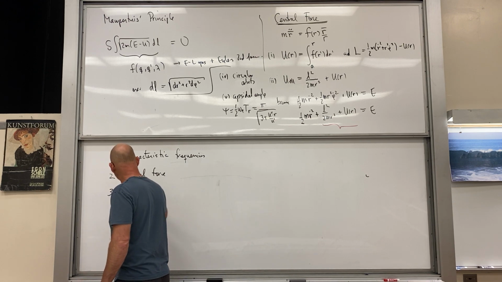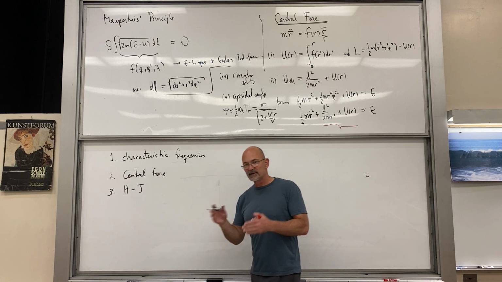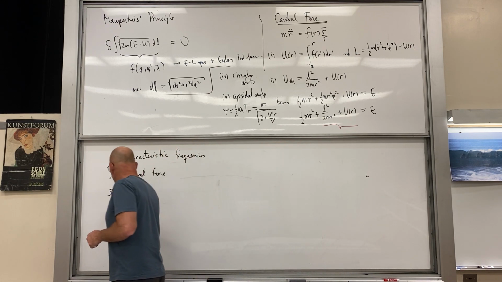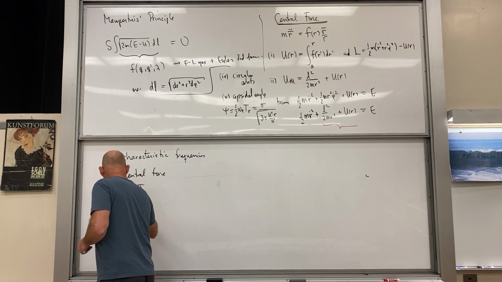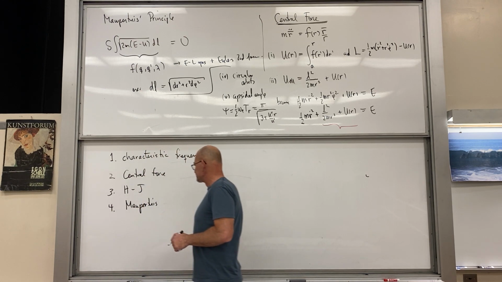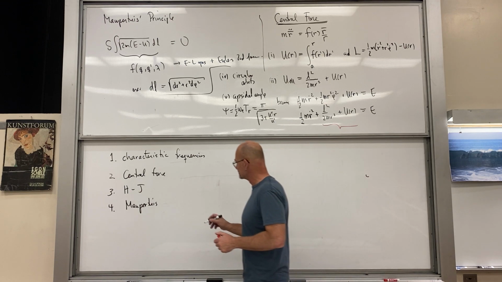We have that full Hamilton-Jacobi problem, where we really take it from the top, run all the way through to the quadratures. We have to know about how to set up the Fermat principle and solve for a trajectory.